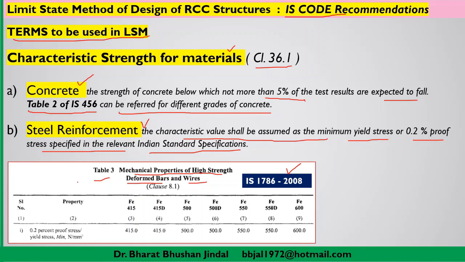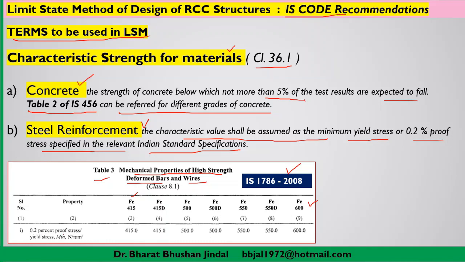This is the grade of steel from which these reinforcement bars are manufactured. It may be Fe 415, 415D, 500, 500D, 550, 550D, and 600. This 600 has been included in the latest revision of this code.